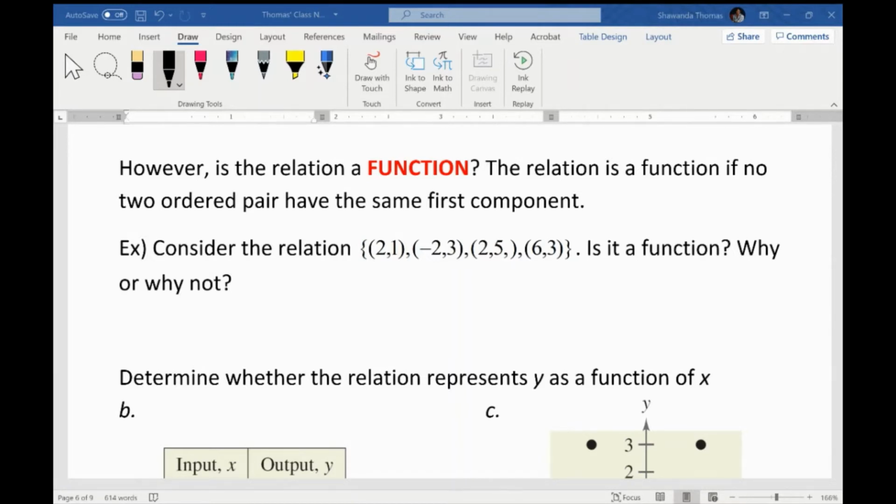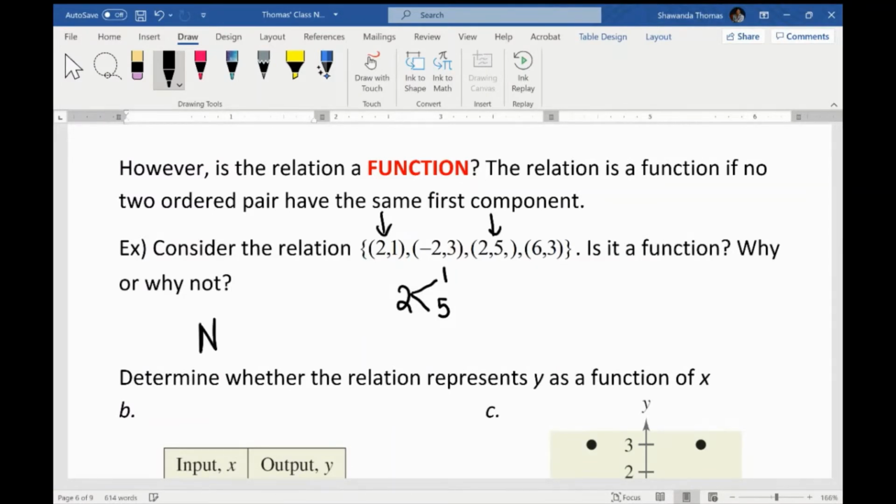So this one and this one, because that one x, 2, is going not only to 1, but it's also going to 5. That's a problem. It only needs to go to one y value. It's going to two y values right now.